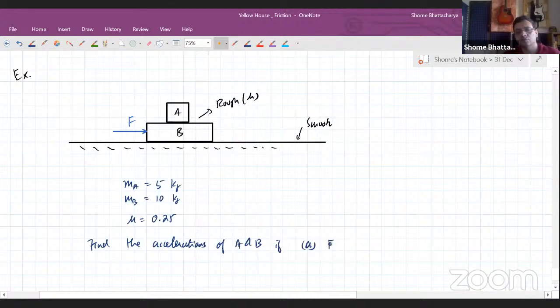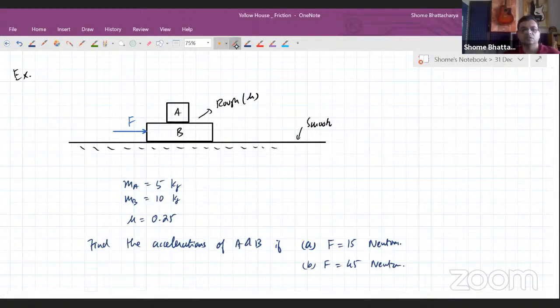first of all, the force we are applying is, let us say, 30 newtons. Oh, sorry, 30 we had taken in the last case. So let's take something different. So let's say we are applying a force of 15 newtons. In the second case, we are applying a force of 45 newtons.